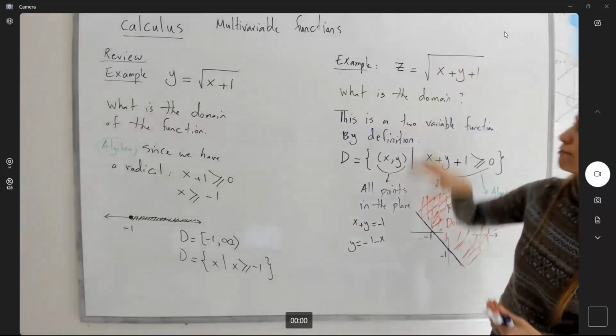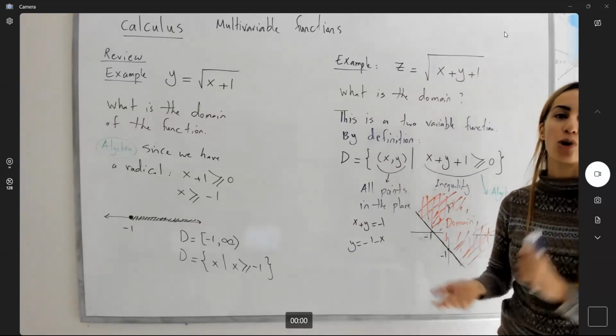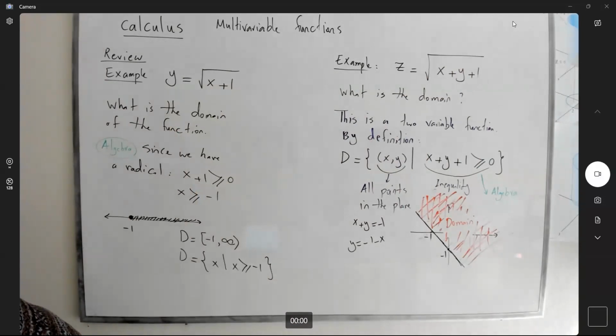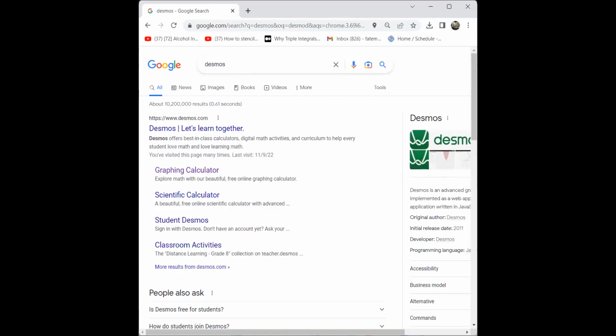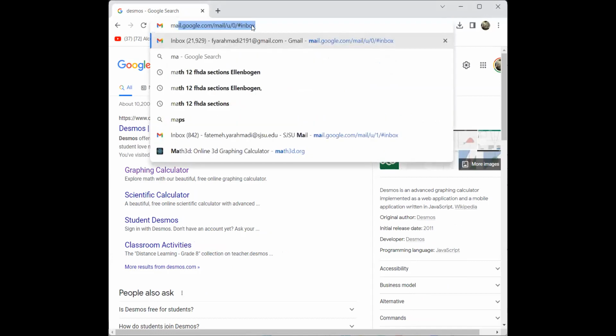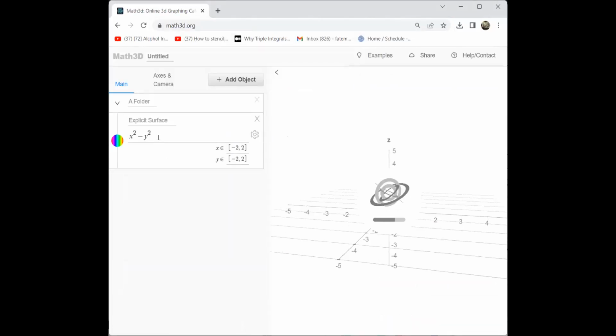How do I visualize the function itself? Well, we're going to use one of the many free 3D visualizers that are available. We have many different free websites that we can use to visualize two-variable functions. For example, we can use math3d.org.